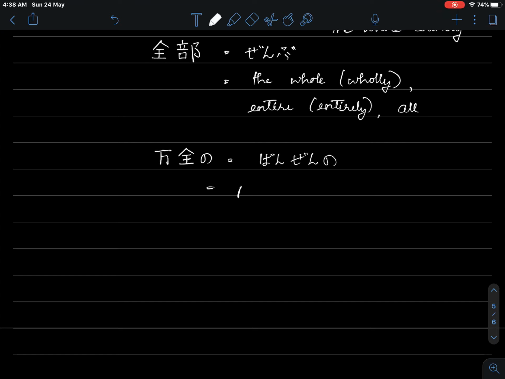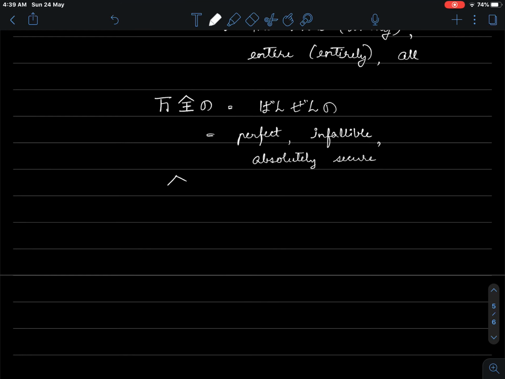And Banzenno means perfect or infallible, which means there's no scope for mistakes. You cannot go wrong. Okay, infallible or absolutely secure, perfectly safe.